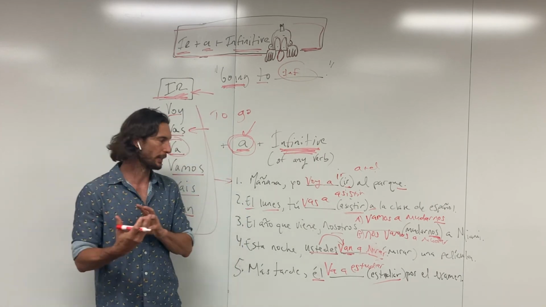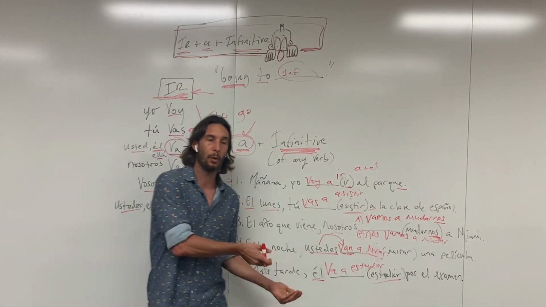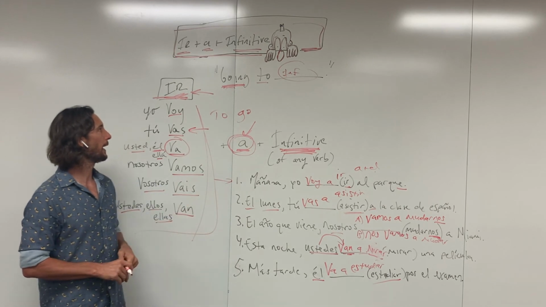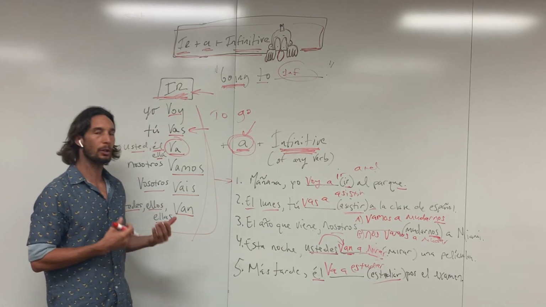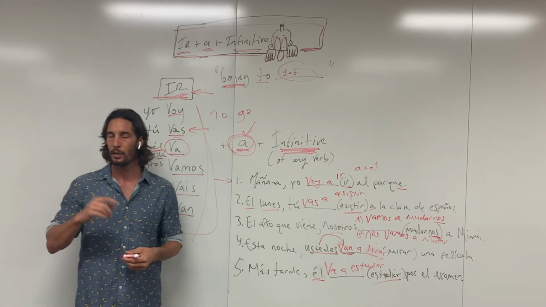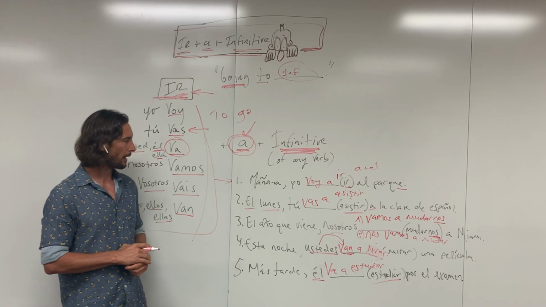In other words, attaching it to the infinitive. Or in letter B's option, putting it before the conjugated verb. So anyways, hopefully all this was helpful, and really being able to talk about the future, allude to the future. So again, hopefully this was helpful for you guys, and yeah, that's it.